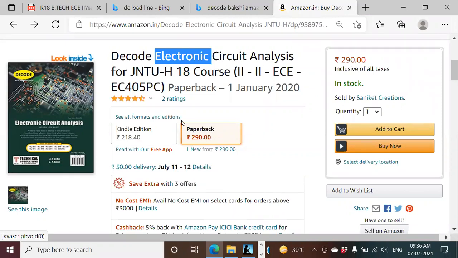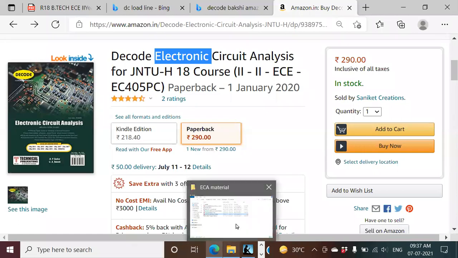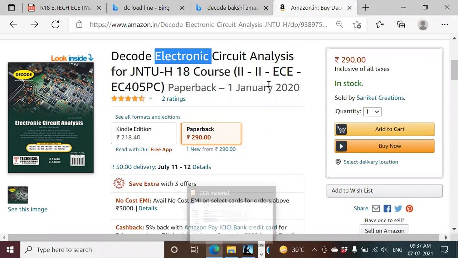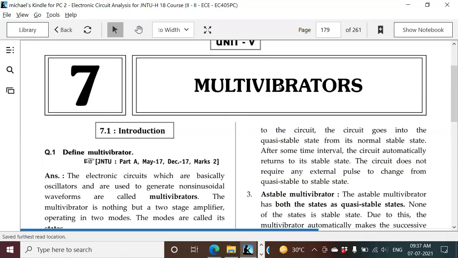The book also contains field effect transistor questions, which you can ignore, since our syllabus is restricted to bipolar junction transistors. I recommend all of you take this book and start preparing now itself. This is the Kindle version of the same book.